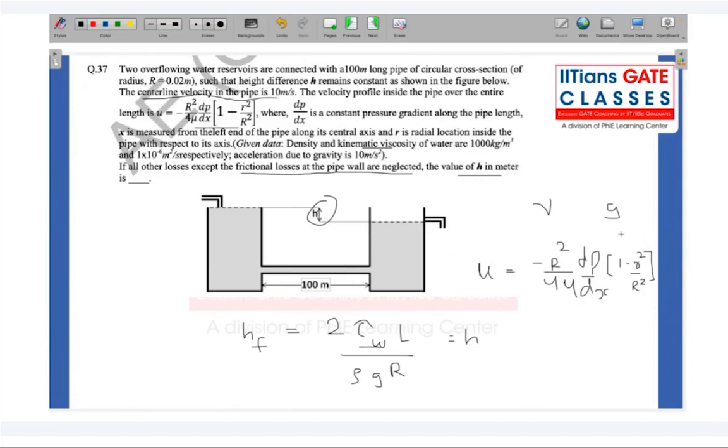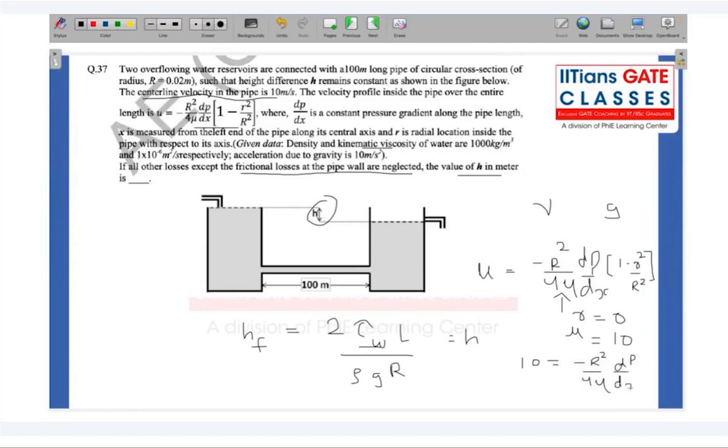So at r equals 0, u is 10. If I substitute that, r goes to 0, and you have 10 equals minus capital R square by 4 mu into dP by dx.